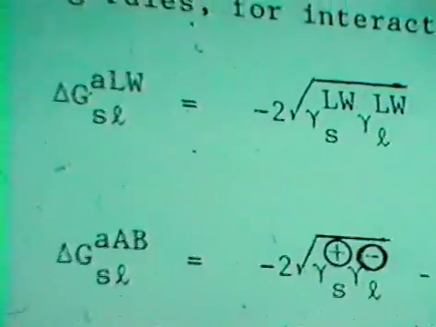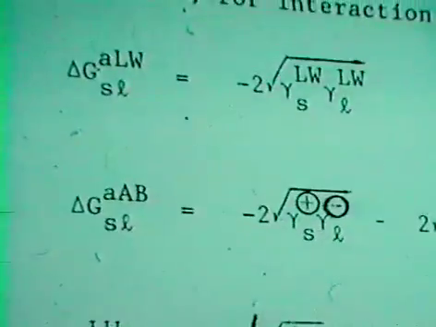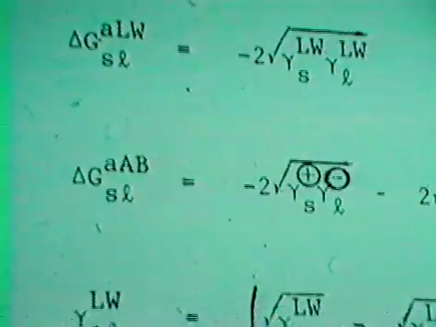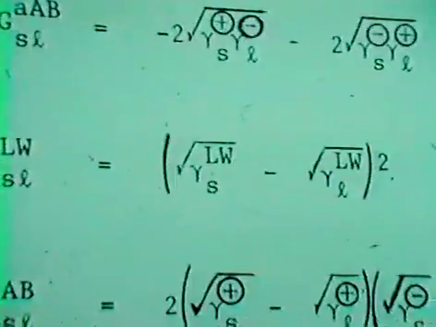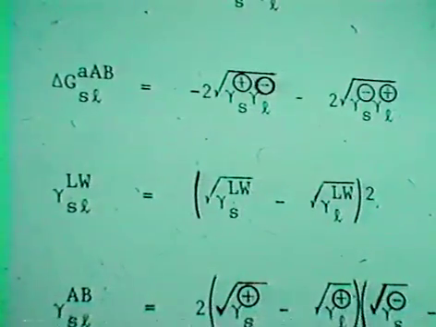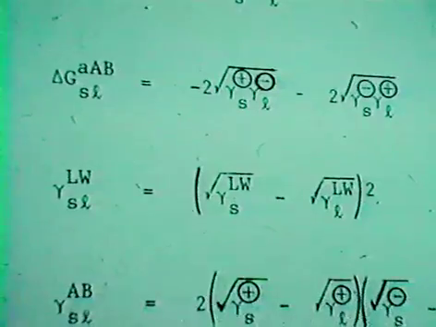Now, for interaction of phases, say a solid and a liquid phase, we have the geometric mean combining rule, which we've been using for about 30 years. But for the acid-base interaction terms, we have two quite distinctly different terms. And you notice that one of them is the plus minus, and the other is the minus plus.